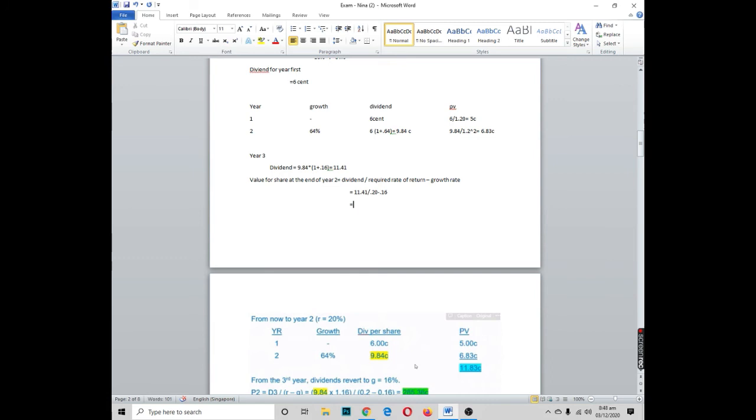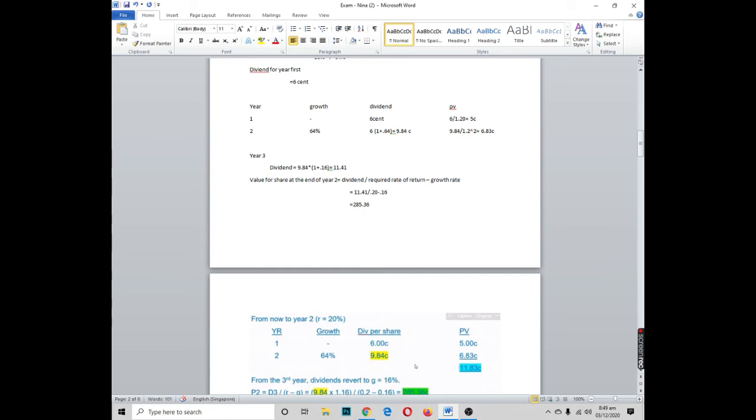Simply if we divide 11.41 by 0.04, the answer will be 285.36. So this is the value for the share at the end of year 2.